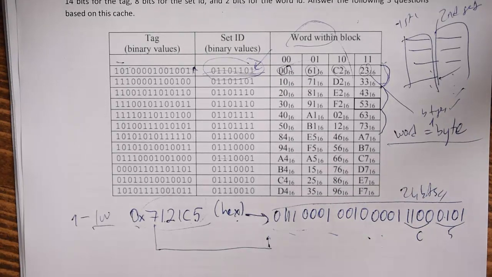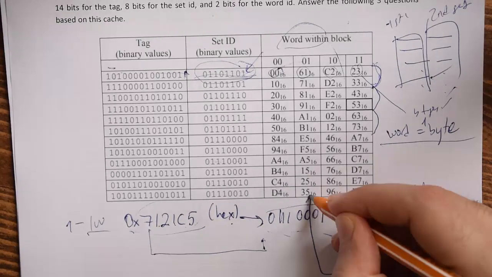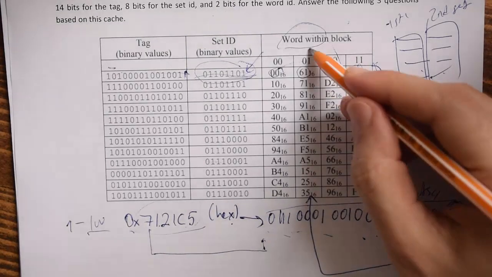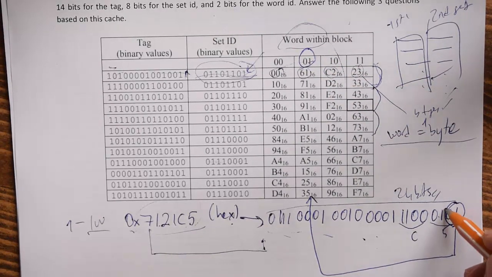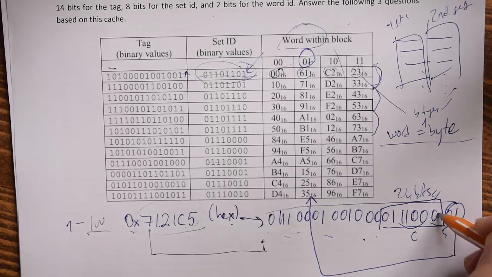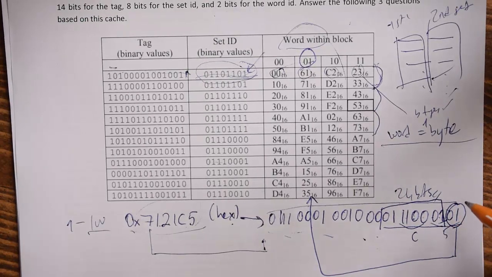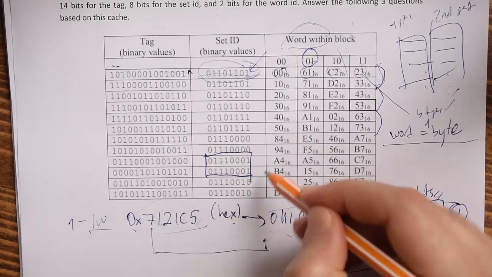So in this case, we translated it to binary. Now we have to look at what the tag value is, what the set ID is, and what the word is. For example, the first thing that we identify is 01, so that means we're in the second row, because that's where the word address matches. And then in the next 8 digits, 1, 2, 3, 4, 5, 6, 7, 8, this section is the set ID value, and it turns out that this number is actually here.